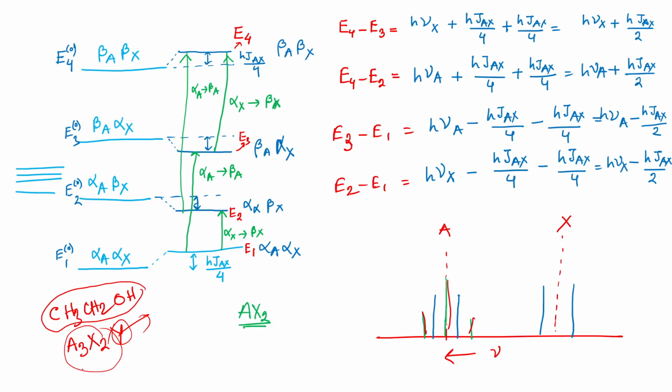So something like this. Now suppose you have the chloropentene we were discussing, right? What kind of splitting do you expect for this?